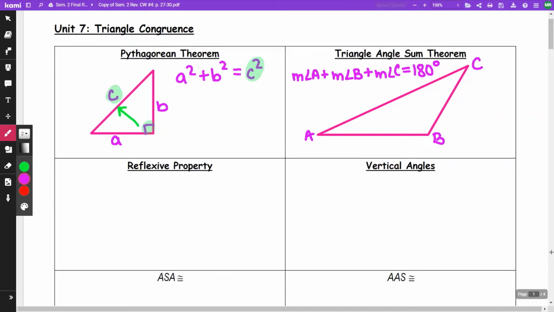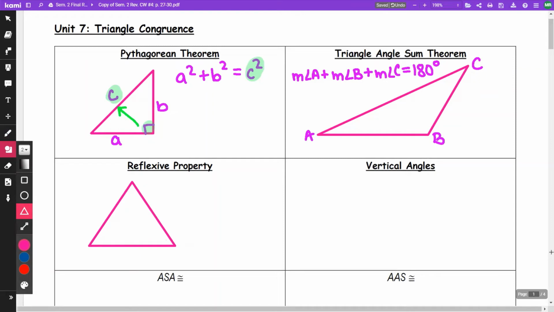Reflexive property. So for the reflexive property, there's going to be two situations that you might be seeing. So one of them, let's just say I draw a triangle, and let's say that it is split like this.